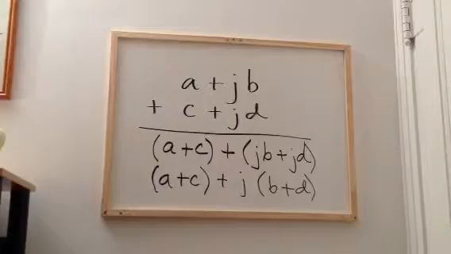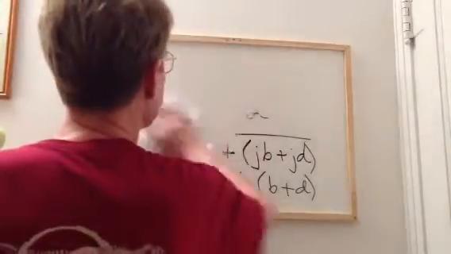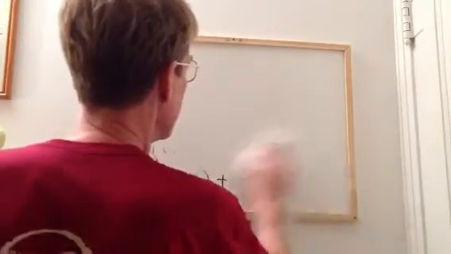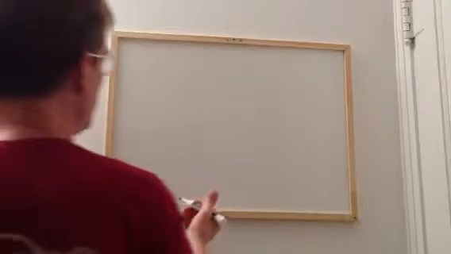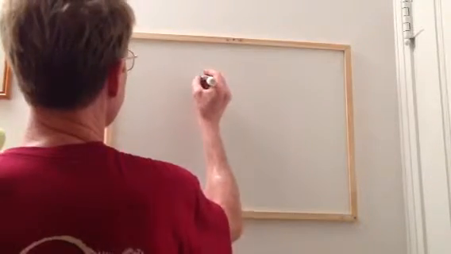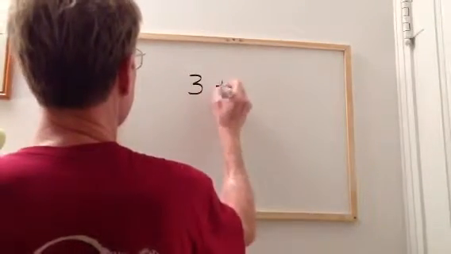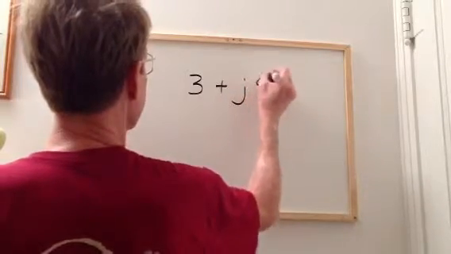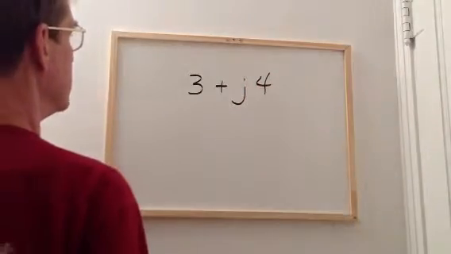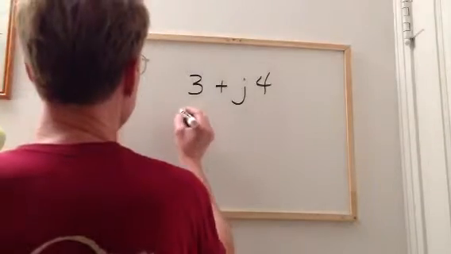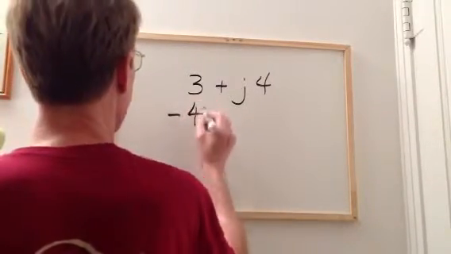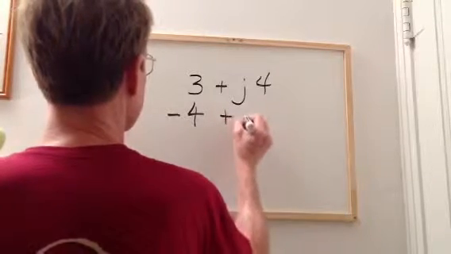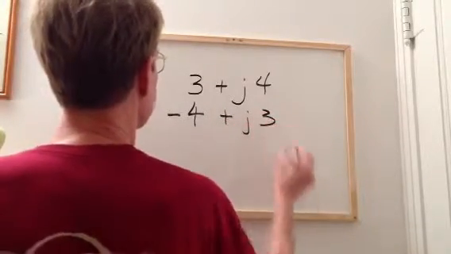So we simply add the real number parts of the complex numbers together and the imaginary parts together. Now that may look a little arcane and confusing, although it's straightforward enough, and we can produce an example. Let's consider, for example, the complex number 3 plus J4 and the complex number, let's say, -4 plus J3.